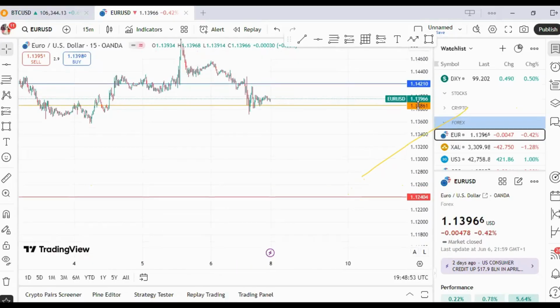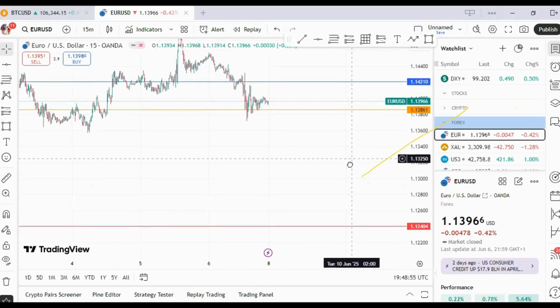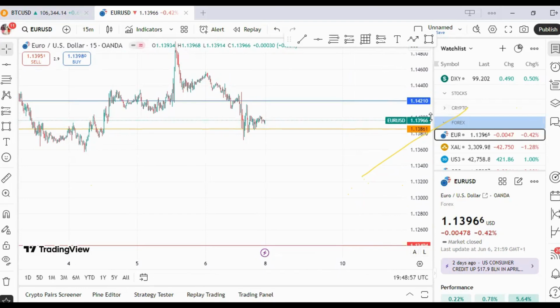Trading this particular strategy, pay attention, especially for entry. The market is currently at 1.13966. Let's assume you've marked your support and resistance. This is your closest resistance, this is your closest support.